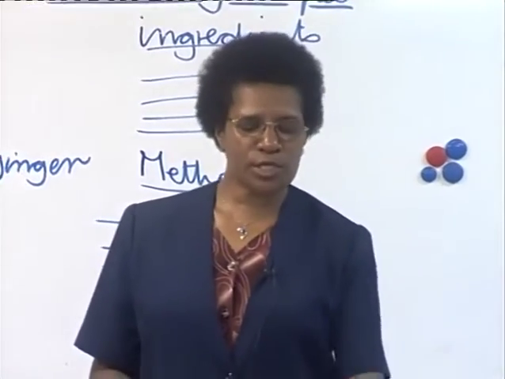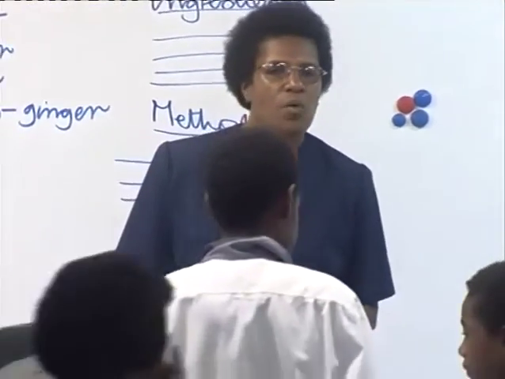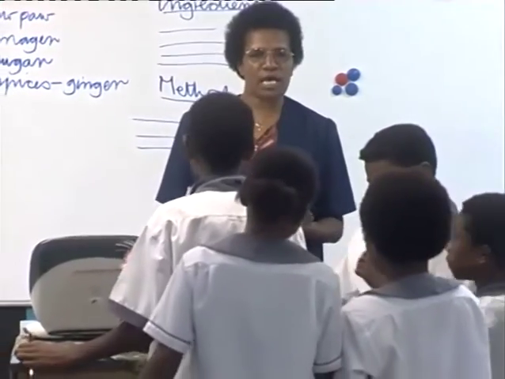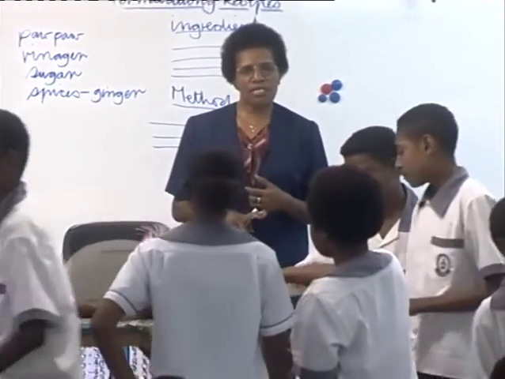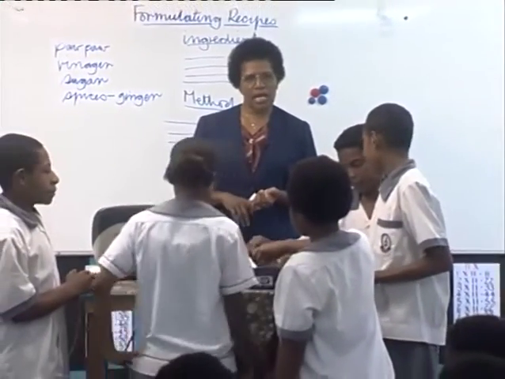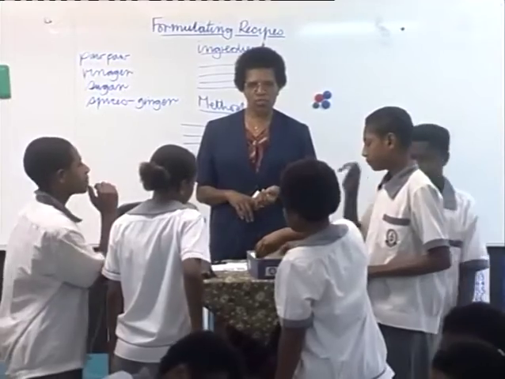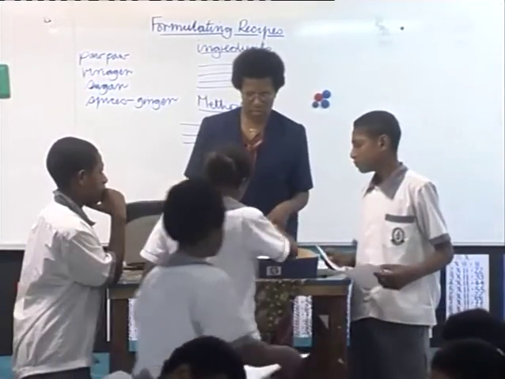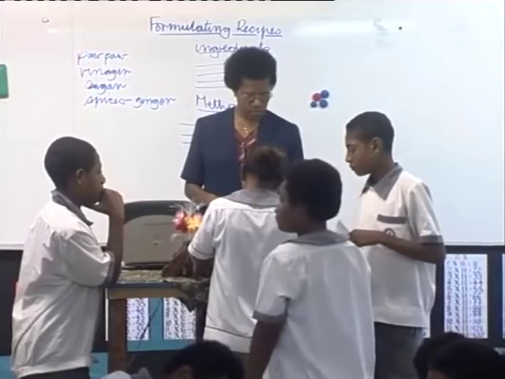Now, to the receiving school students, while your friends in the model school are having their recipes done, I'd like you also to work on yours too. You have to get how many you have in the group, one for each.